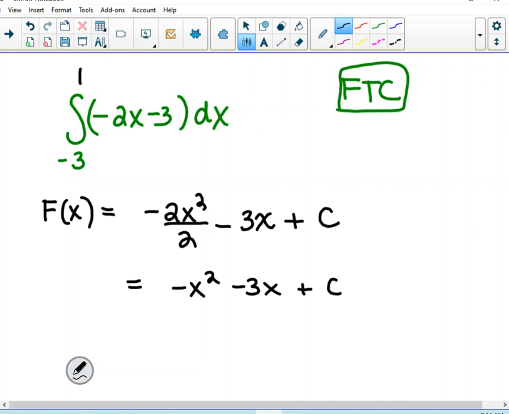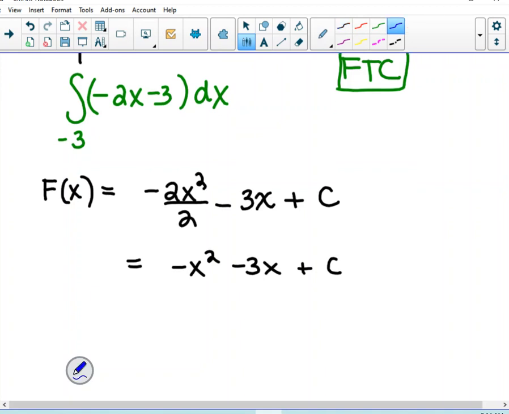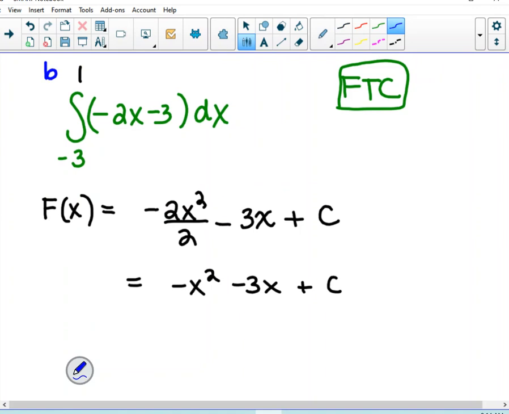I'll get a totally different answer. Now, when I say you have to follow the rules of FTC, it's f of b minus f of a. Always, always f of b minus f of a. So big F of 1 is what we have to do first. Big F of -3 is what we do second, and then we subtract them.